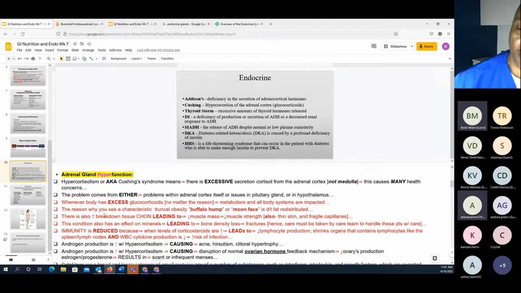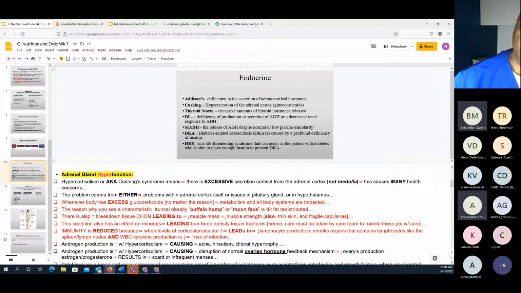So the reason why you have the characteristic truncal obesity or the buffalo hump, and also the moon face, because you'll see this in, again, patients who are receiving steroids as well, is due to fat redistribution. This is caused by this excessive amount of glucocorticoid steroids.